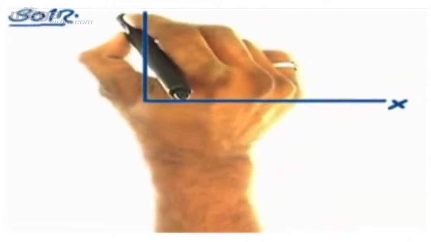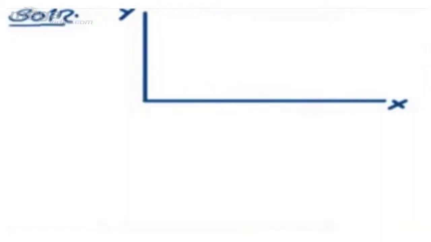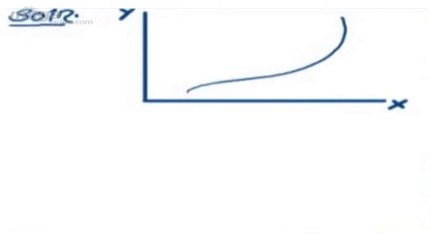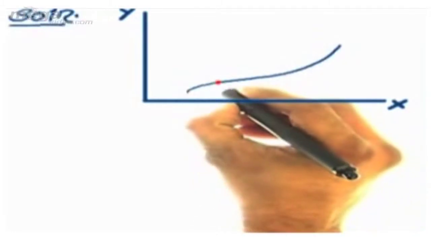We are just drawing the xy curve for the given particle. Say this curve is of this shape. Here let us consider this point on the path of the particle.